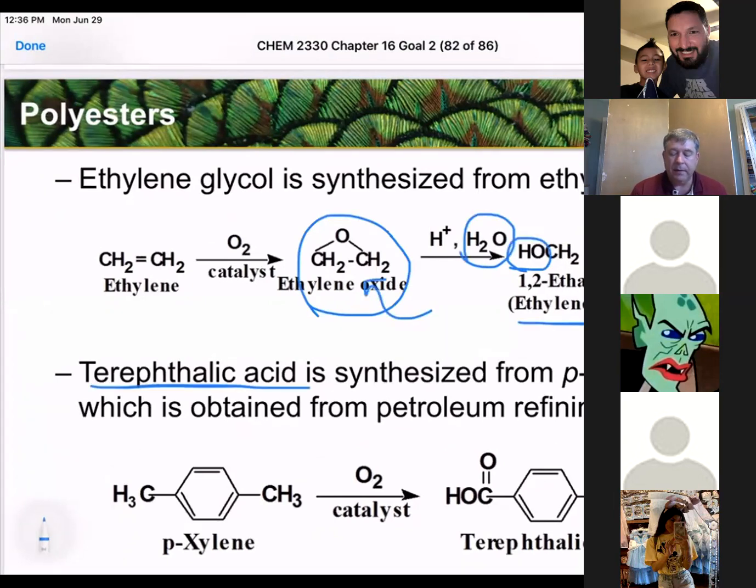Terephthalic acid is made from a benzene derivative we call xylene. If the two methyl groups are opposite each other, it's the para version, or 1,4-dimethylbenzene. And we can oxidize just the ends to give us carboxylic acids. That will get us to our two starting materials.